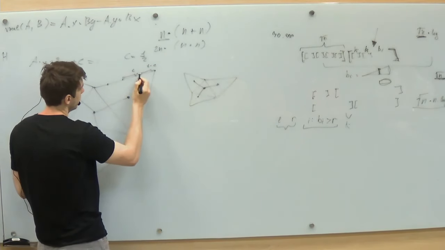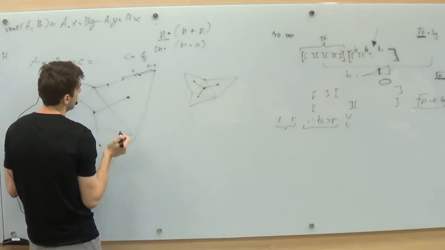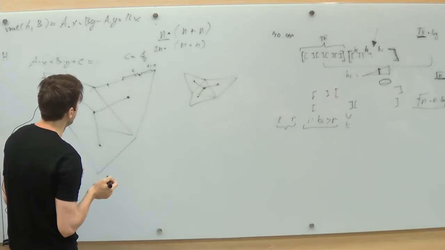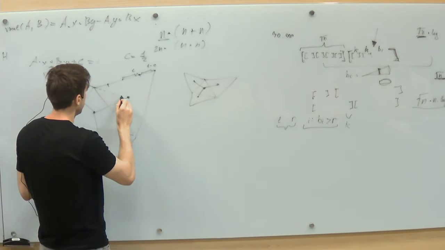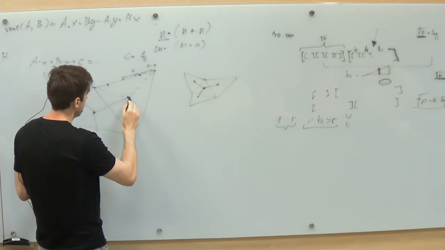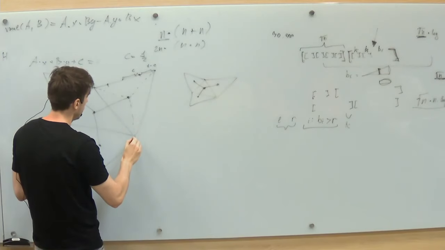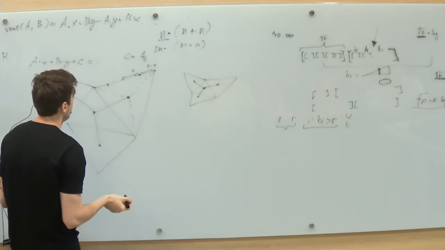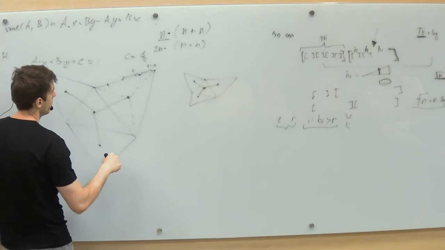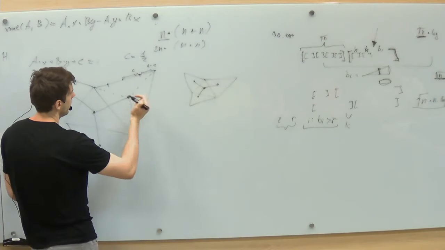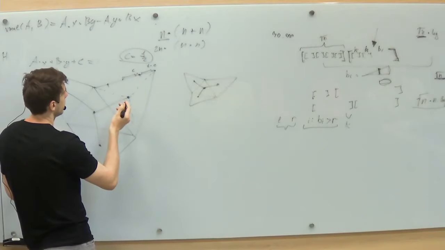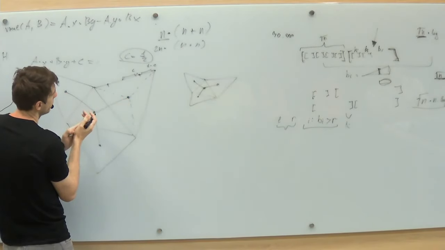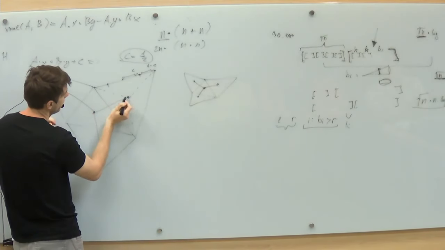So we have the gate, and we also draw these lines and make this division of all these edges.